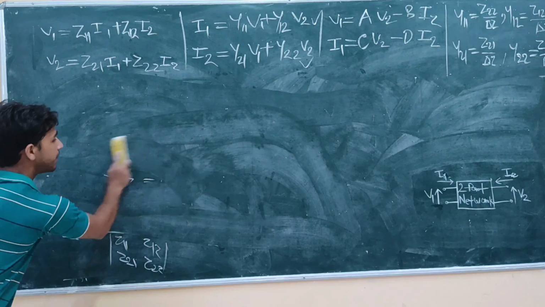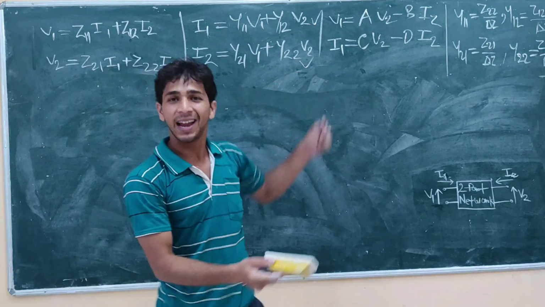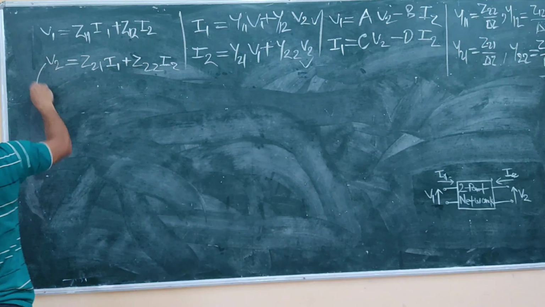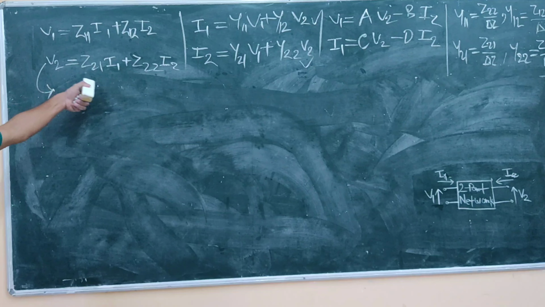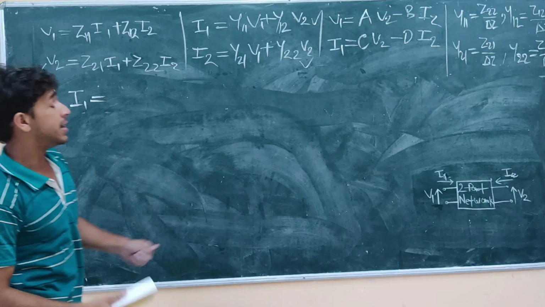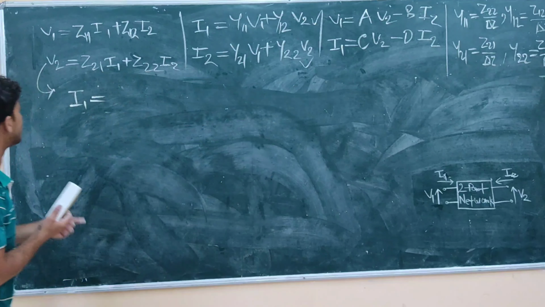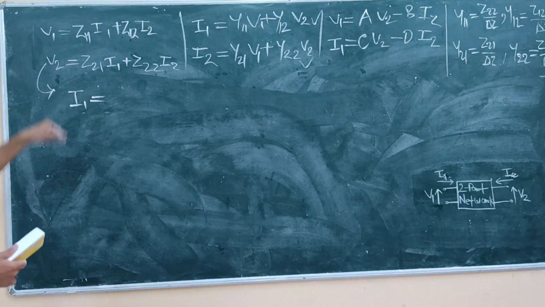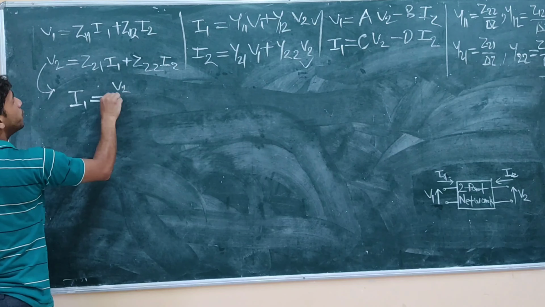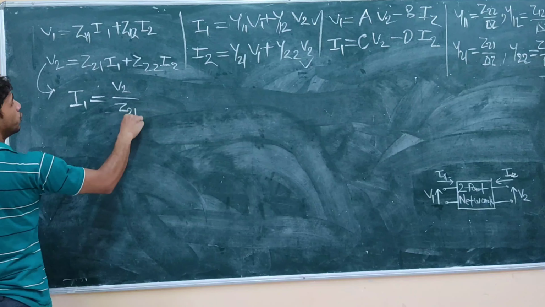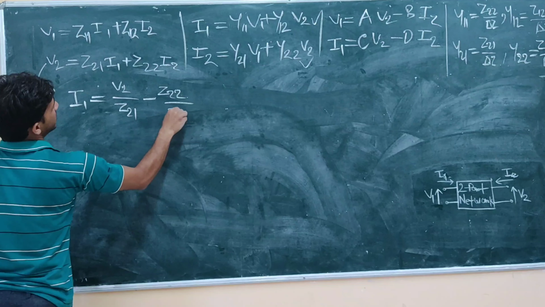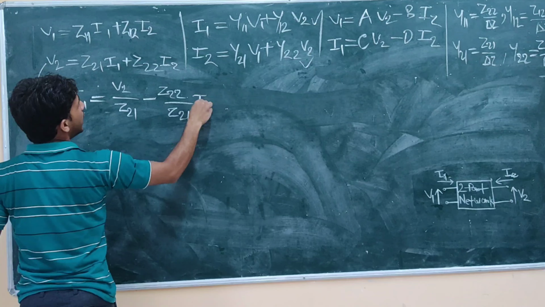Now to establish the relation between ABCD and Z, we have to consider again the V2 equation. Because here we have I1, we retain this equation in terms of I1. So from this equation we can write I1 equals V2 divided by Z21 minus Z22 divided by Z21 times I2.